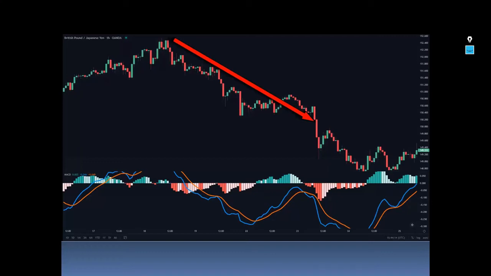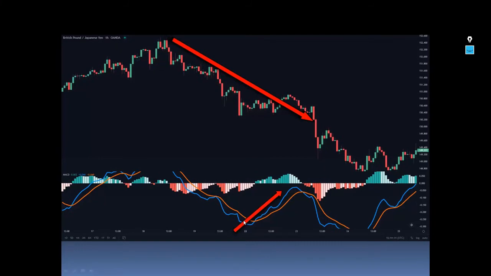Now, it doesn't mean that you go and just do the buying. No, that's wrong, because as I said, the trend is going downwards. The only thing it's giving you here is a change of the momentum. That's all it's giving you at this stage. So that's what I mean. The MACD is indicating a bullish momentum, but the market is in a downtrend. This is exactly why you shouldn't use the MACD by itself.